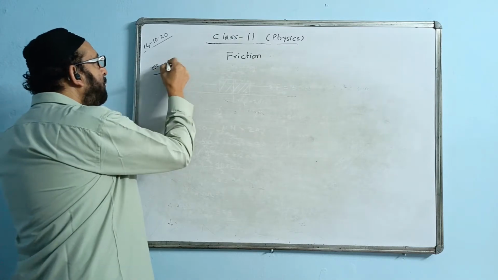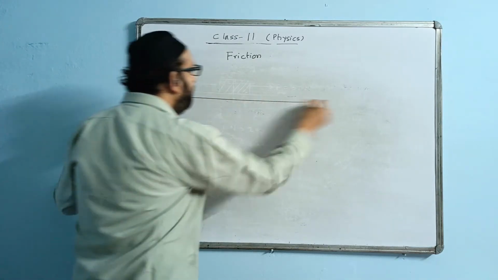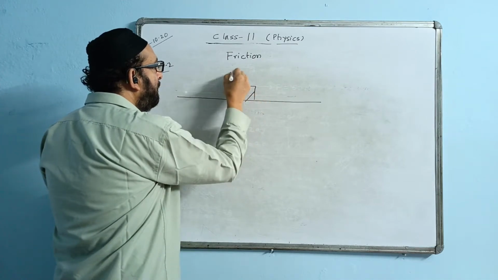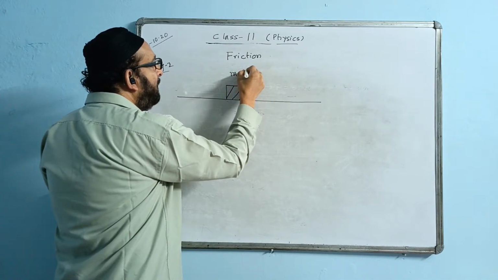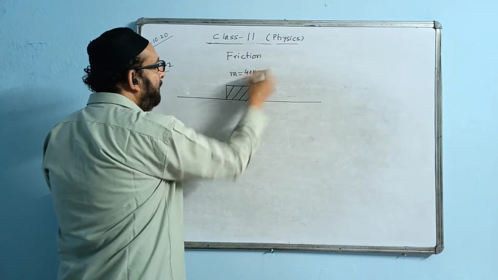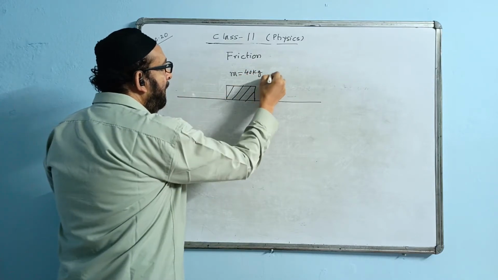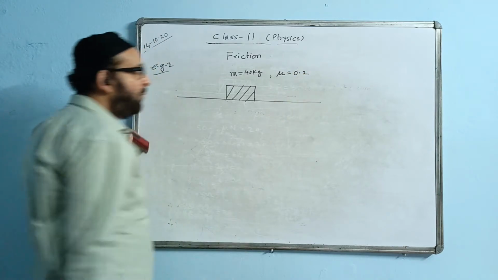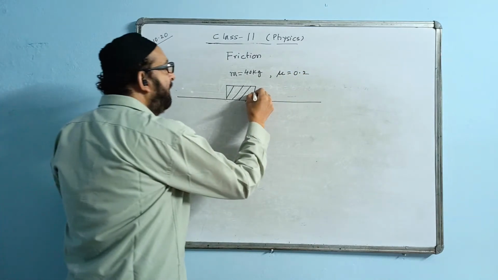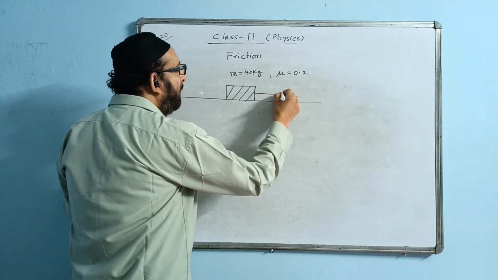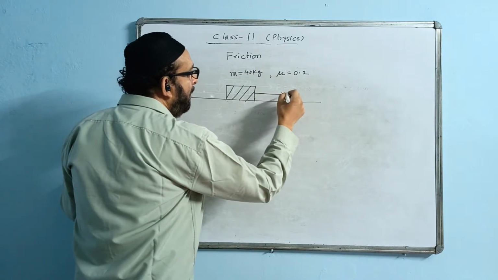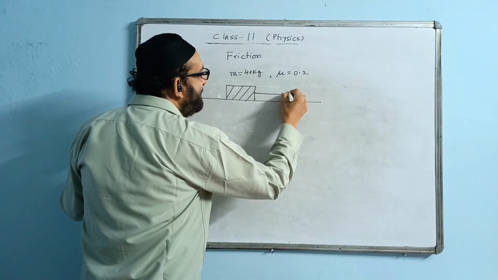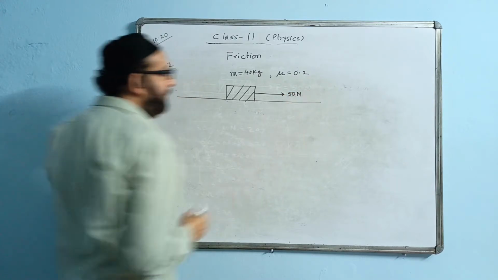Let us take example 2, you will get a better idea. Let us take a body of mass 40 kg, and the value of mu is 0.2. We are giving a force of 50 Newton here.